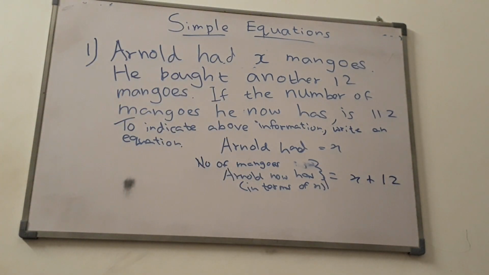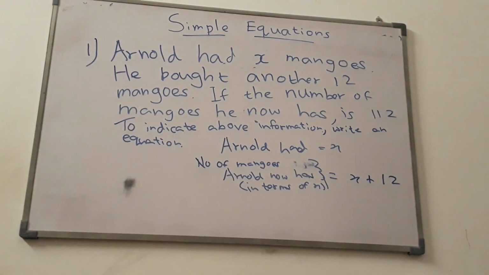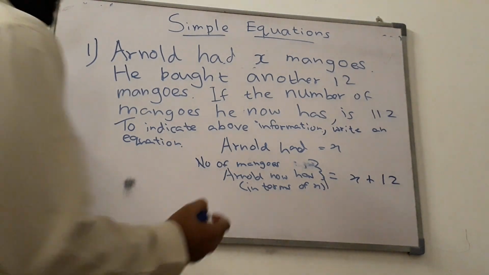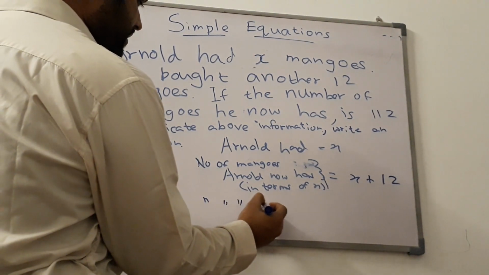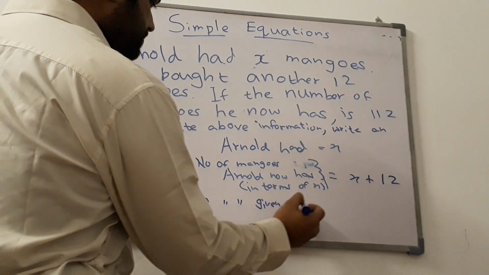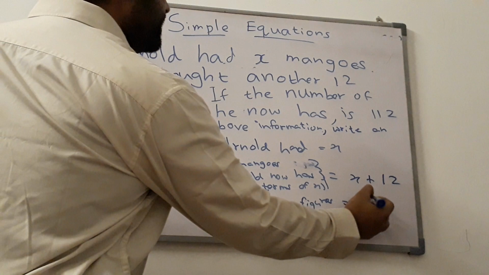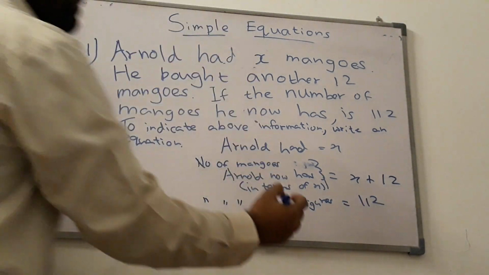If it is increased by 12, then we have to add 12 to X. And also it is said the number of mangoes, given in figures, is equal to 112. So we can write an equation.